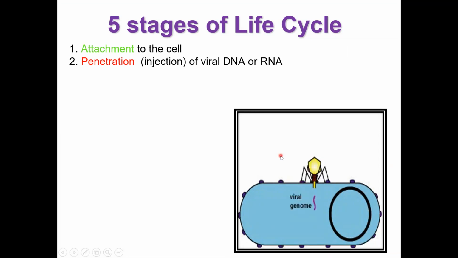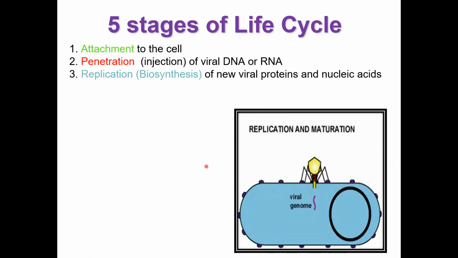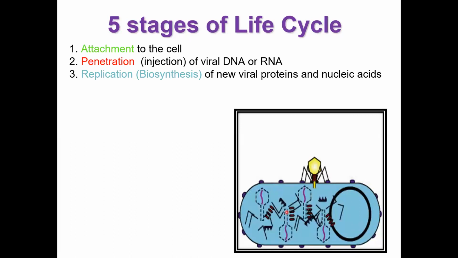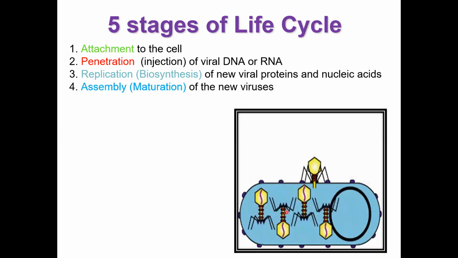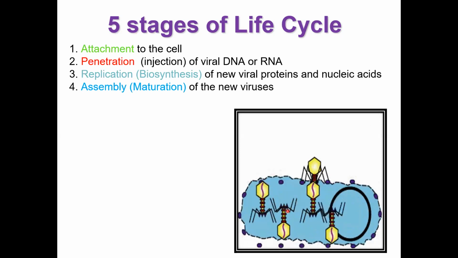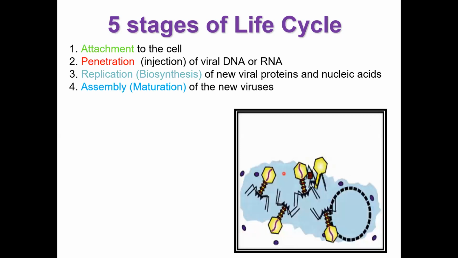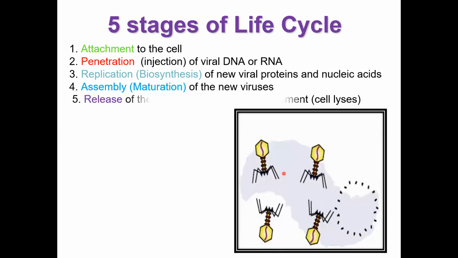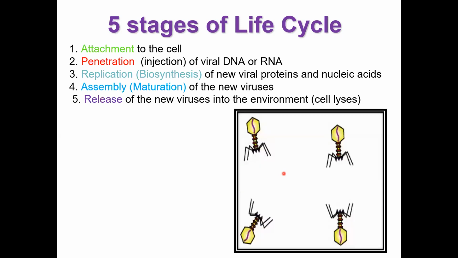Then the viral DNA will take over the charge of the host cell's biochemical machinery, and that is going to make its proteins and the nucleic acid. Then they are going to assemble inside the host cell, and whenever the host cell is fully packed, the cell is going to be ruptured, and viruses are ready to attack the new host cells.